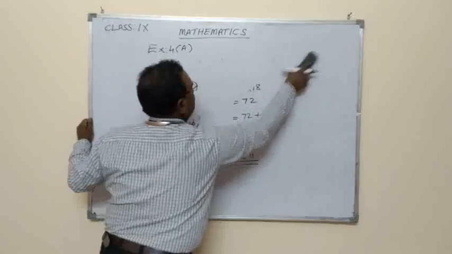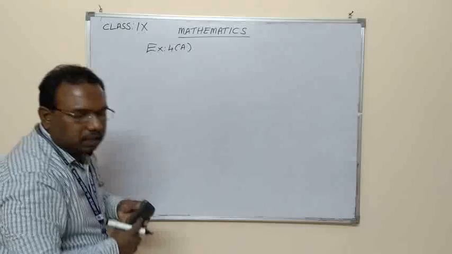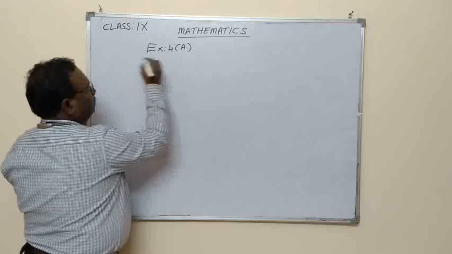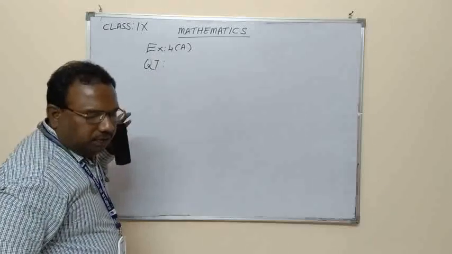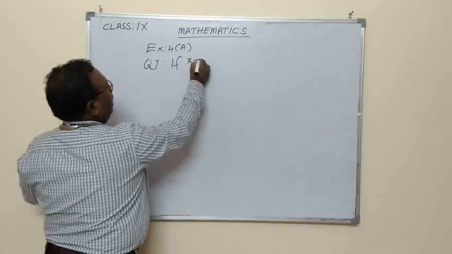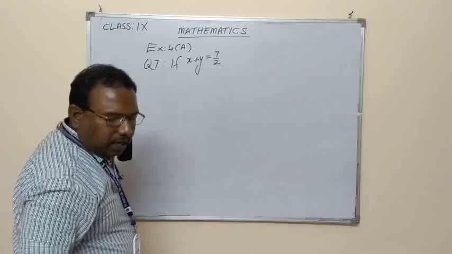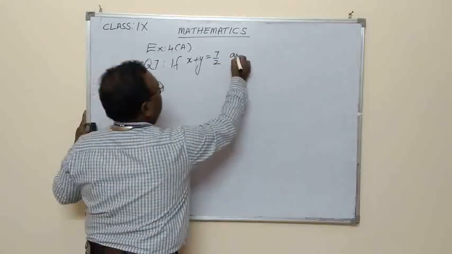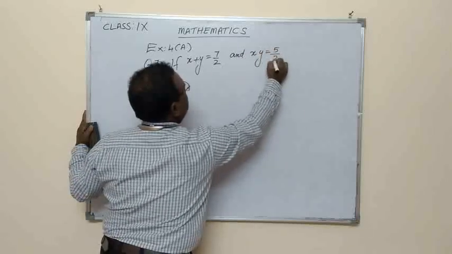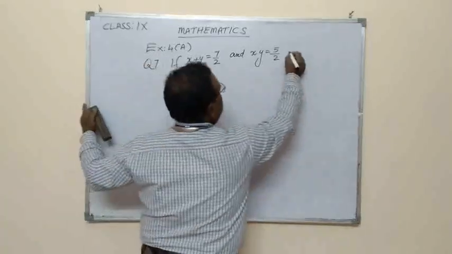Again, let us continue to solve the next question. Question number 7. If x plus y is equal to 7 by 2 and xy is equal to 5 by 2, find x minus y.